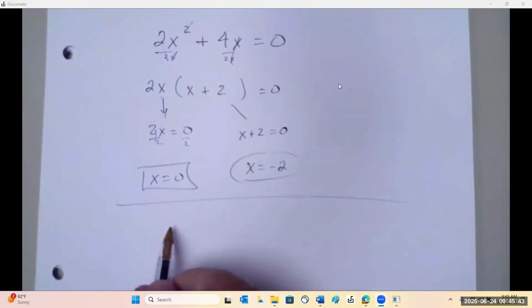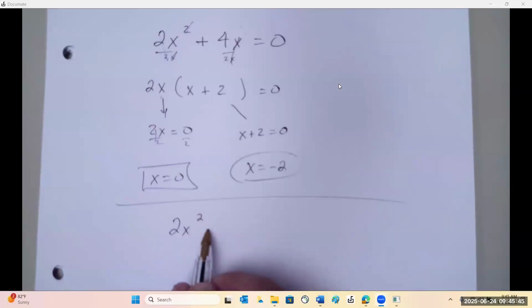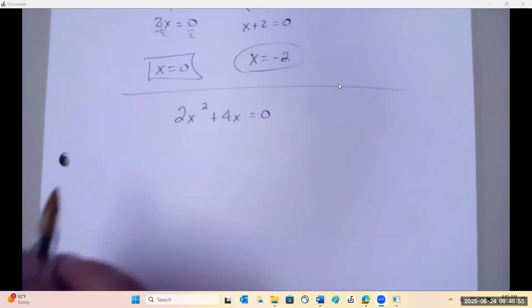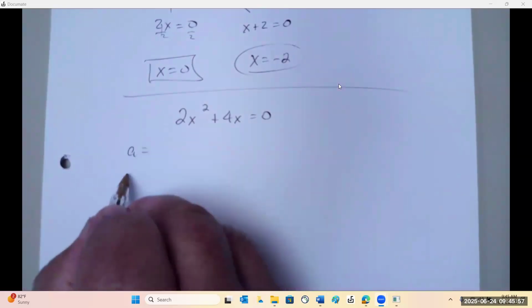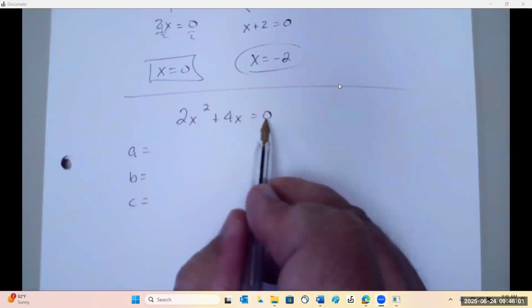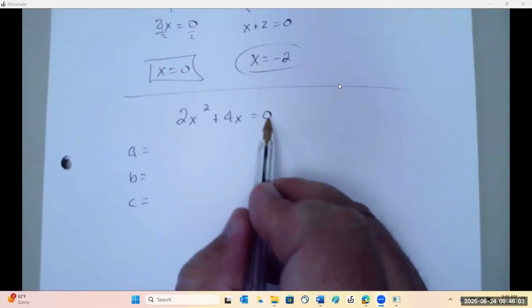So let's use the same equation and let's use the quadratic formula. To use the quadratic formula, what do we have to do first? We have to label A, B, and C. Well, first off, make sure it equals 0 first.